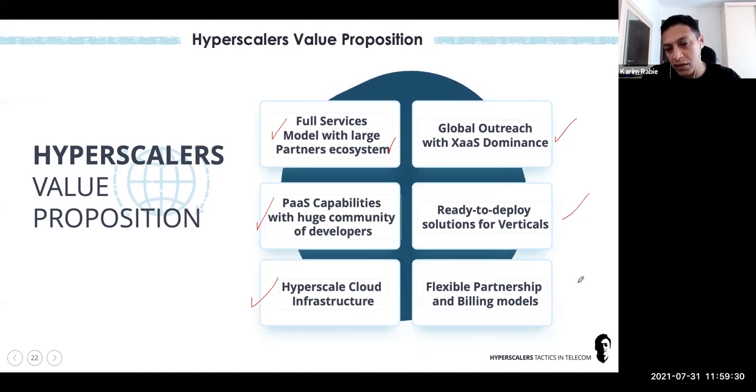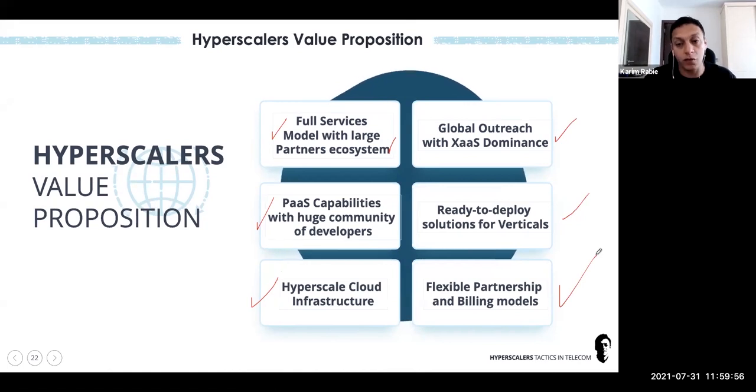The last thing, and it is an important thing, is the kind of partnership, billing models and deal models that hyperscalers offer for CSPs. It's very different from the way they used to deal with their telco vendors like Ericsson, Nokia, Huawei, and I'm one of them, by the way. But this kind of flexibility is usually provided by hyperscalers.